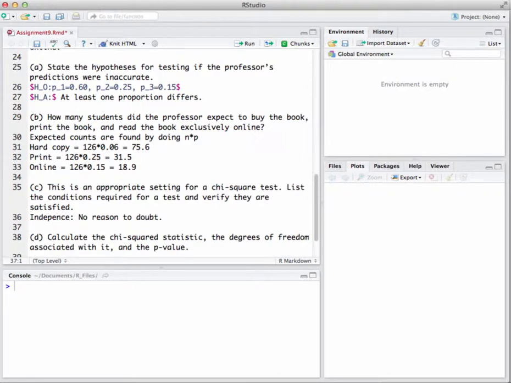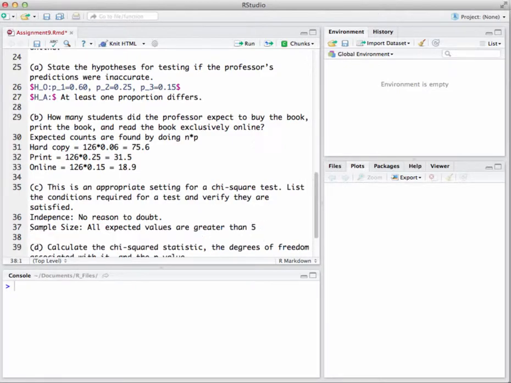Okay, so what's the second condition? Well, the second condition is the sample size condition, and we just talked about that, it fits. We got it. Sample size, we have that all expected values are greater than 5. And good software like RStudio will warn you if that's not true. If you try using this test and you put in data and one of those comes out not greater than 5, it'll actually throw you back an error. And the last one is that what? The degrees of freedom have to be greater than 1.